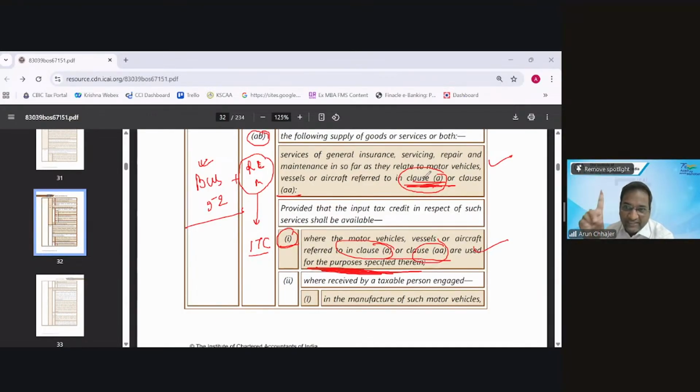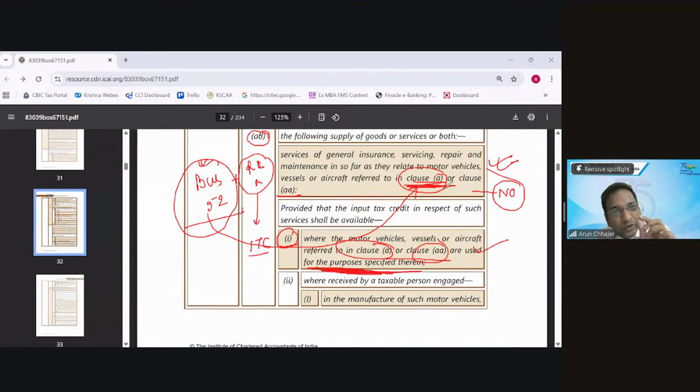Now give me a specific answer. The bus example I took, whether it was covered in clause A? You are saying that yes, ITC is allowed because of this. Then my next question to you, the bus which we are talking about, whether it is covered in clause A. Answer is no. Just think, had it been covered in clause A, then you can't take ITC.